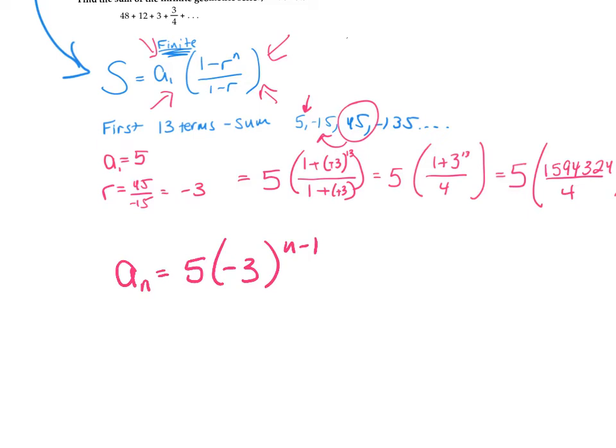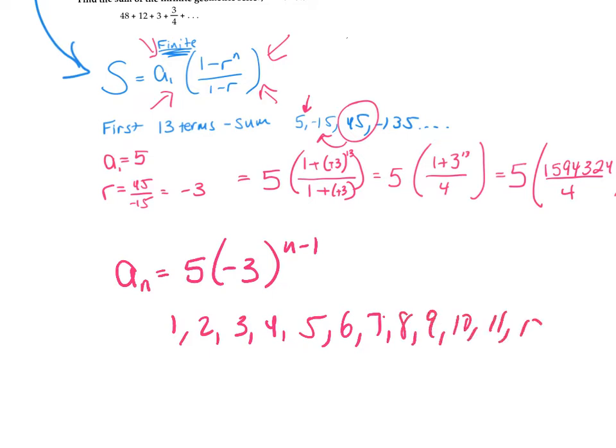So I could plug in 1, 2, 3, 4, 5, 6, 7, 8, 9, 10, 11, 12, and 13 for n, and then add all of those answers up to get the sum. You'll get the exact same answer.